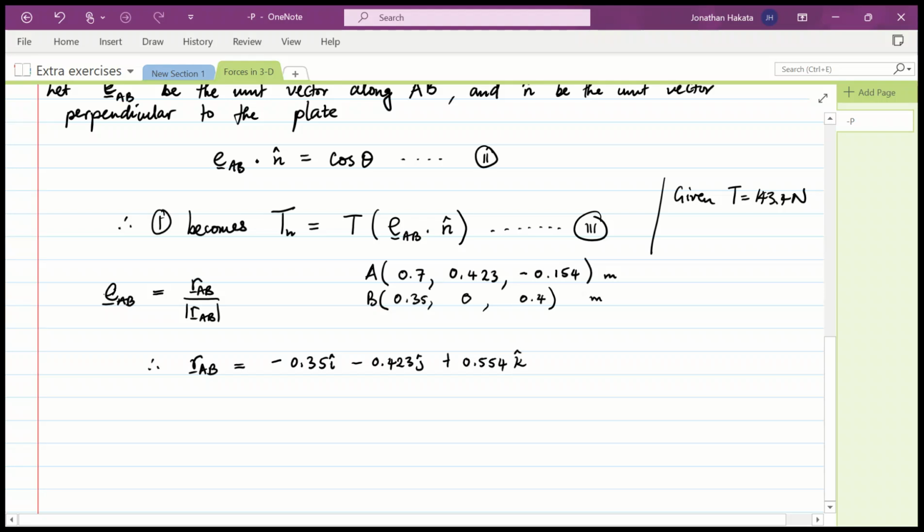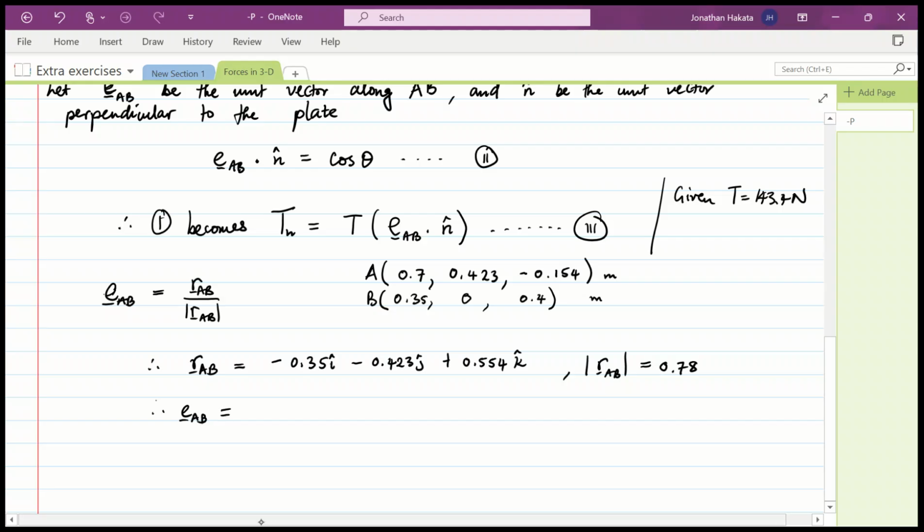So this is the position vector from A to B. We can as well calculate the magnitude of this vector RAB, which will be equal to the square root of the x component squared plus y component squared plus z component squared. You're going to get, I think, 0.779, which is roughly 0.78.